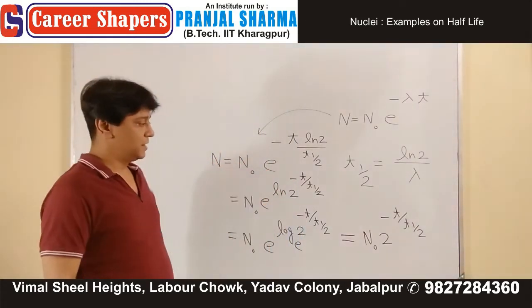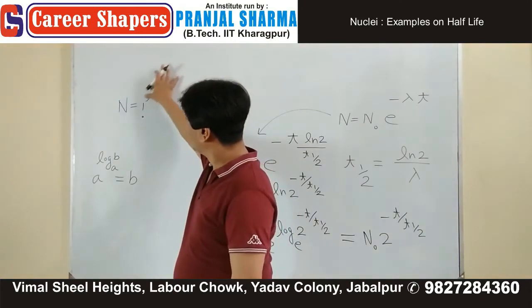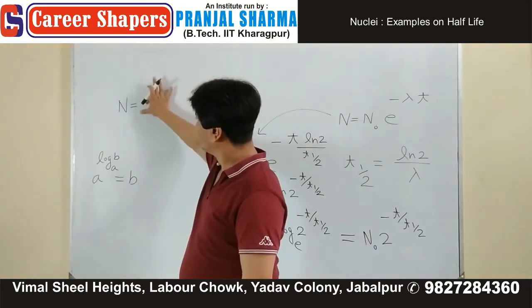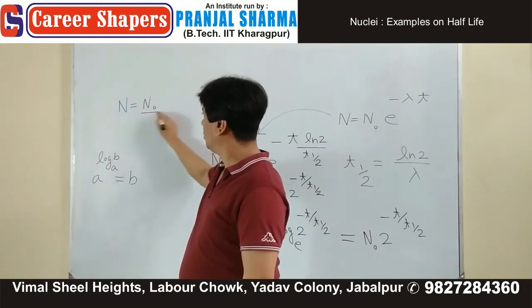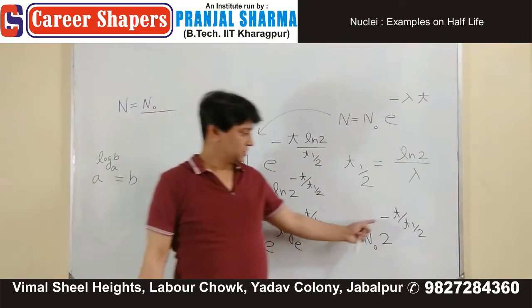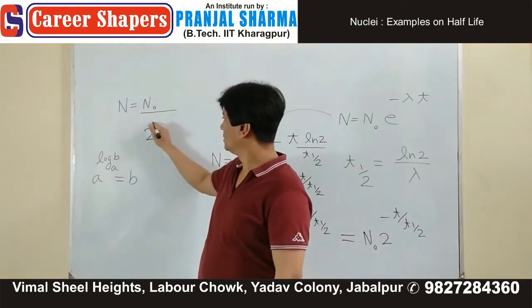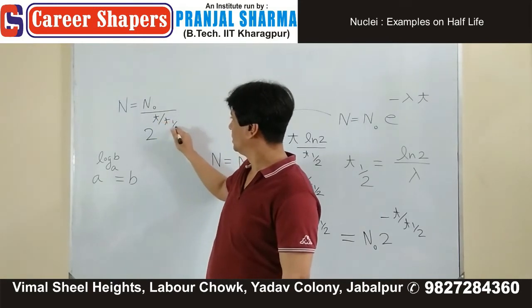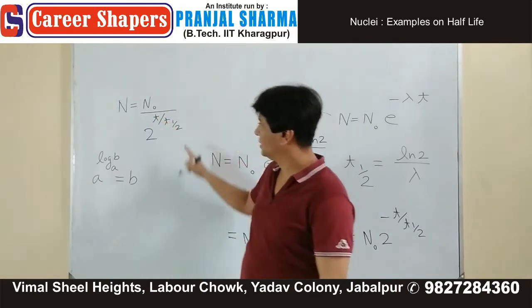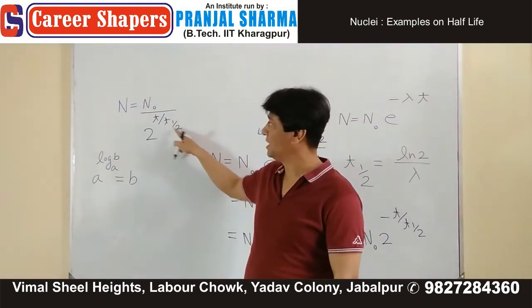So this is N, which is coming N naught divided by, this is negative power, 2 to the power t upon t half. This is the symbol of half-life, t half.